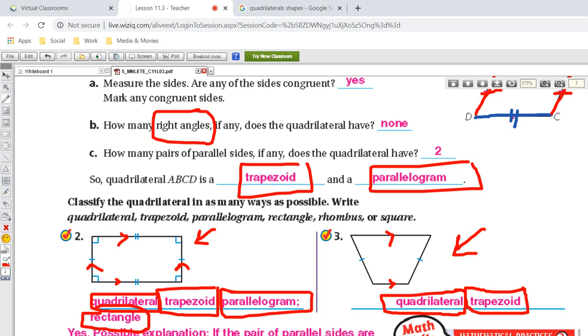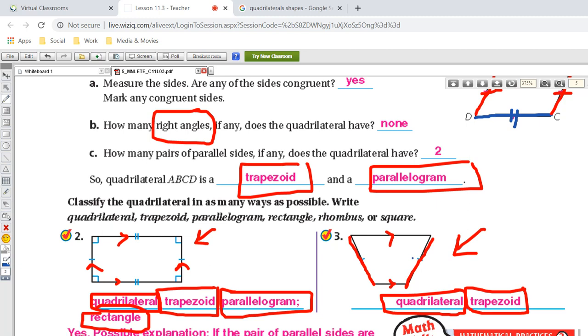Because in parallelogram, each two opposite sides are parallel. But these two sides are not parallel to each other. They are equal, yes, but not parallel. So we can't write parallelogram.